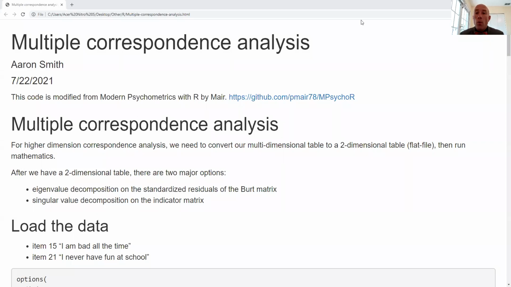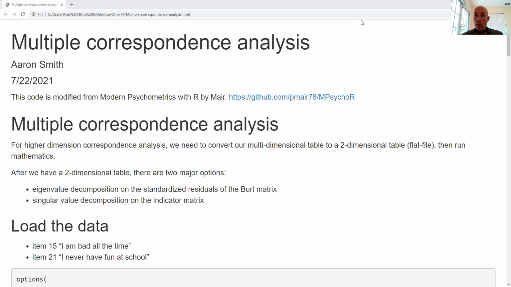Hi, in this video, we want to take a look at multiple correspondence analysis. So we're in the situation where we have something that can be represented as a higher dimensional table, and we believe that we do not have independence with respect to each of the dimensions. So we want to dig in deeper.